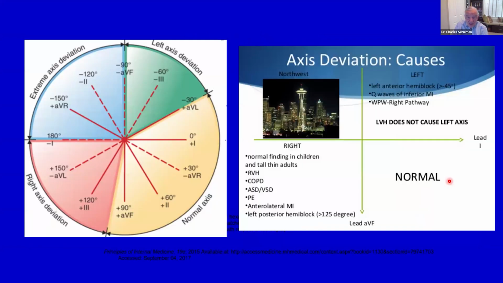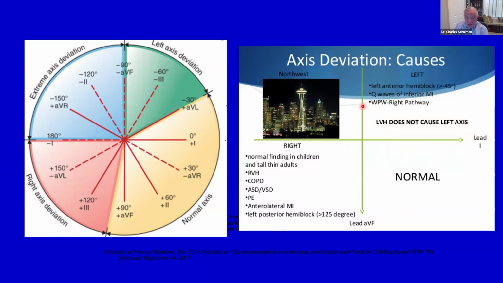This shows the calculation of axis, and on a 360-degree scale, I use 2 leads in order to figure out axis. To make it easy: lead 1, which is the horizontal, and lead AVF, which is the vertical.